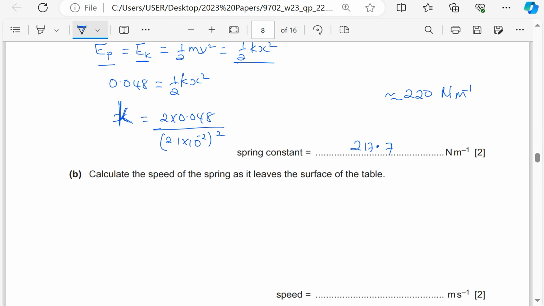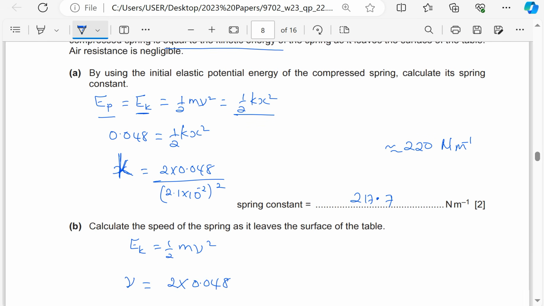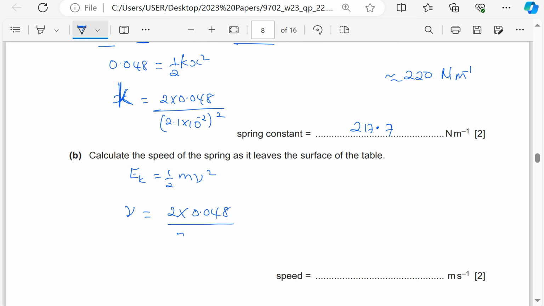Then calculate the speed of the spring as it leaves the surface of the table. Since the kinetic energy is equal to half mv squared, the speed is going to be the square root of 2 times the kinetic energy, which is 0.048, divided by the mass. The mass was given as 7.5 grams, so this is 7.5 times 10 to the power of minus 3.